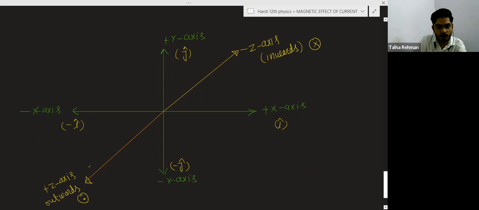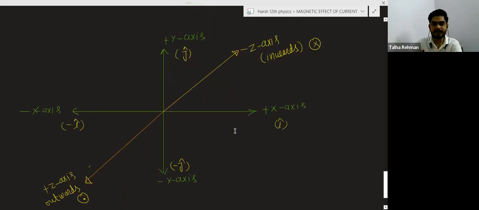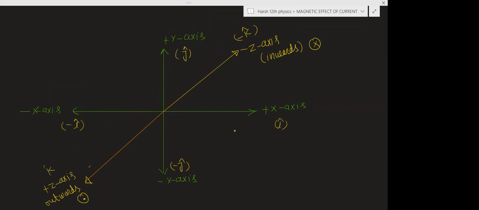I will represent outwards like this, and this is given in NCERT. If something is coming out of the plane of your screen, you will represent it like this. The unit vector in the minus z direction will be minus k cap, and in the plus direction it will be plus k cap.